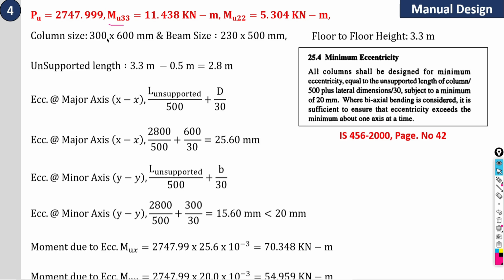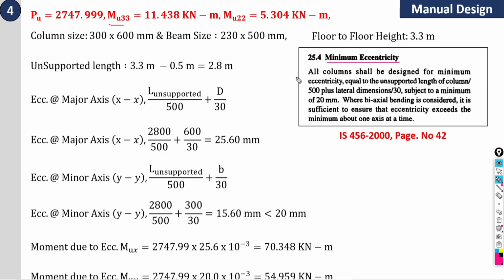Now the column size is given as 300 by 600, the beam size is given as 230 by 500, and the floor to floor height is given as 3.3 meter. Now the unsupported length of the column, because we would like to calculate the minimum eccentricity, for which IS 456 asks us to design all columns by considering the minimum eccentricity.